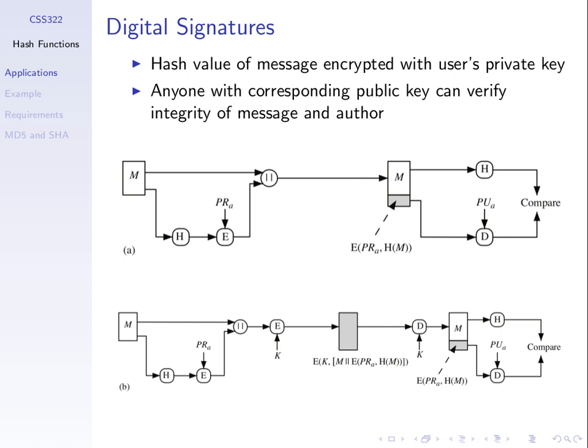So to provide a digital signature, we use public key cryptography, asymmetric key cryptography. That is, we encrypt with the private key of a particular user, meaning we can only decrypt with the corresponding public key. And we'll see how we use hash values here. Hash functions.